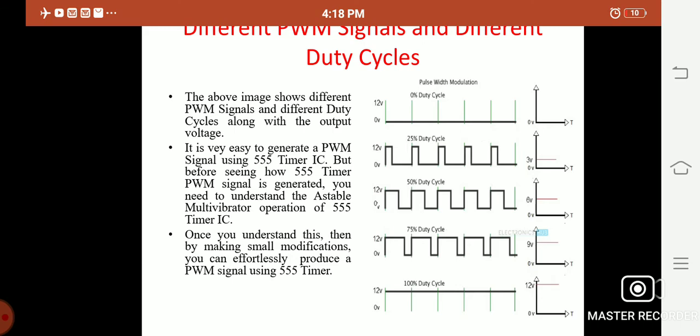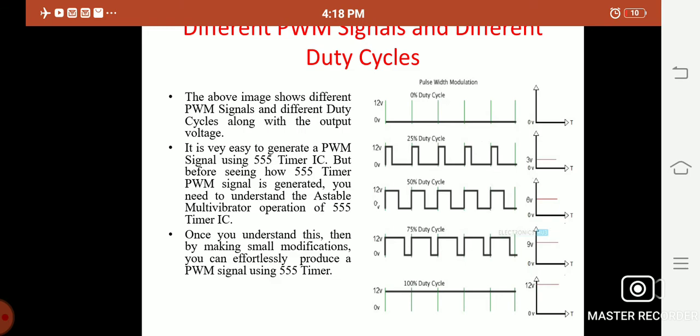So it is very easy to generate a PWM signal using the 555 timer IC. But before seeing how a PWM signal is generated with the 555 timer, you need to understand the astable multivibrator operation of the 555 timer IC.